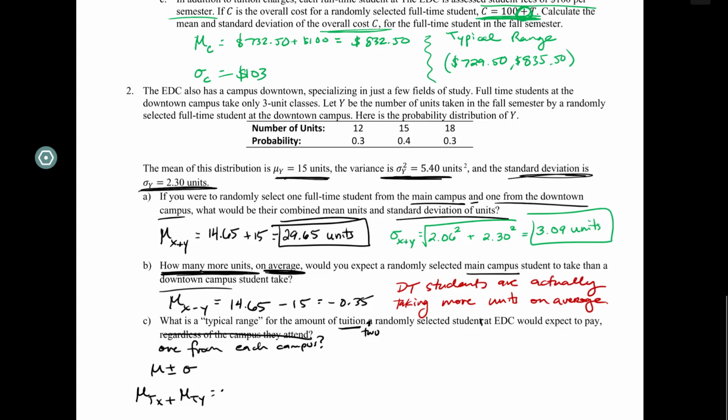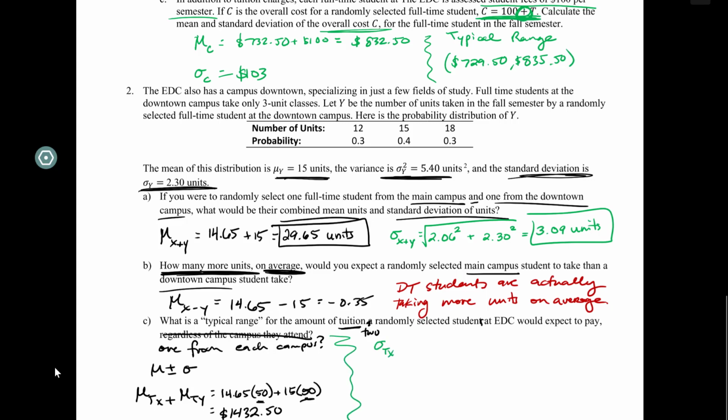That's going to be 14.65 units times $50 per unit plus 15 units times $50 per unit. Since it's the same multiplication value, because it's the same tuition for each campus, we could put these together and do one combination, and that wouldn't be that big of a deal. However, when we punch this into a calculator, we should get $1,432.50.